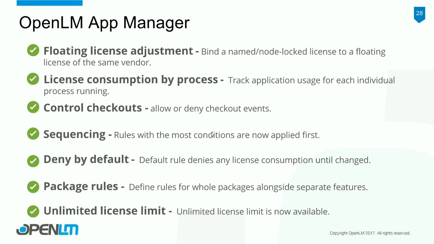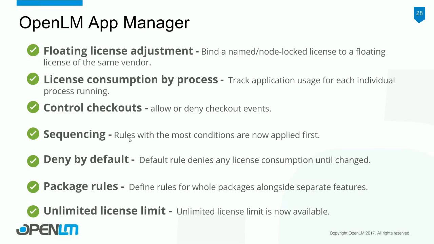So first of all, we've added the ability to bind, of course, those two types of licenses, so thus hybrid licenses. Now you'll be able to specify the license consumption by process.